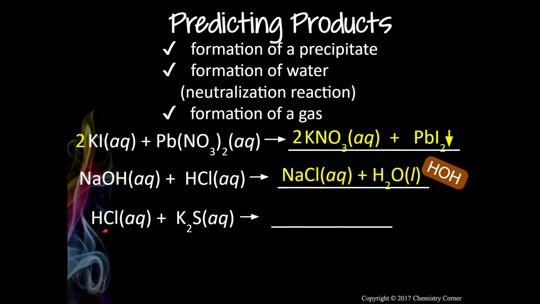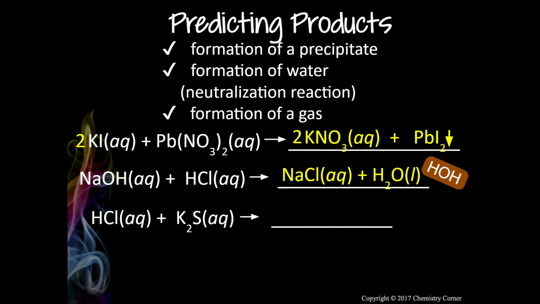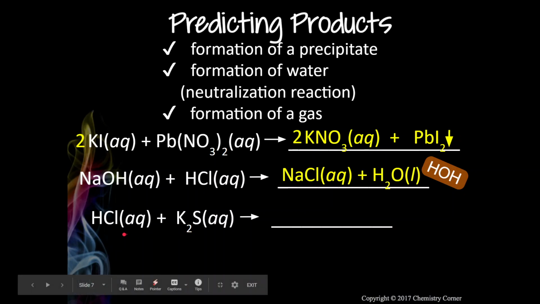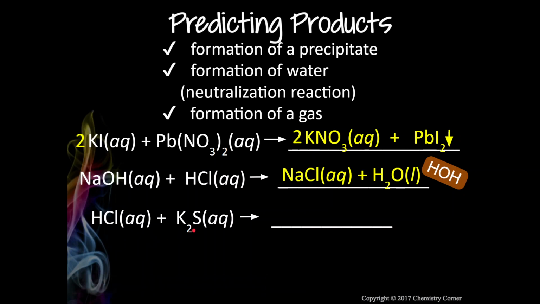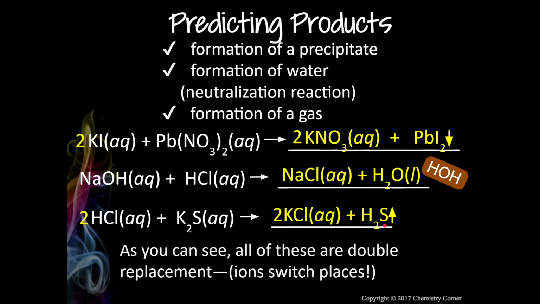All right, HCl, once again, a strong acid, and K2S, potassium sulfide. Once again, two ionic compounds, both of which are aqueous and will be soluble in water. And when we look at this, we will see that this forms hydrogen sulfide gas, and is released from the reaction and bubbles out.